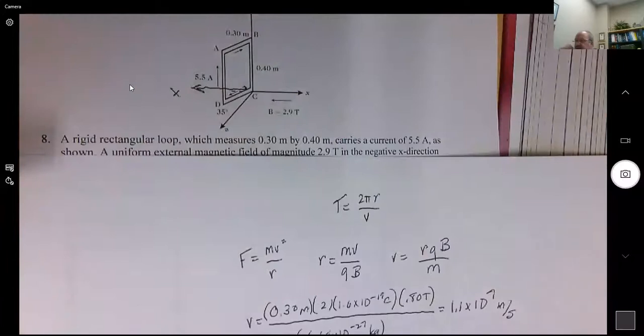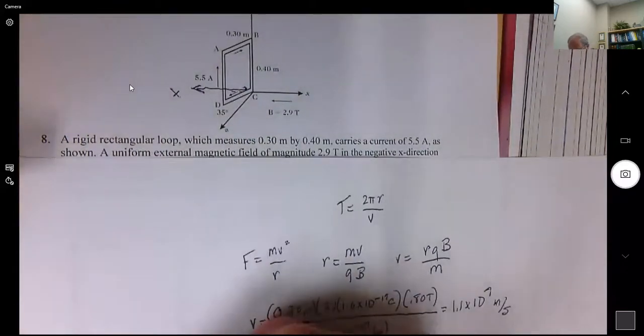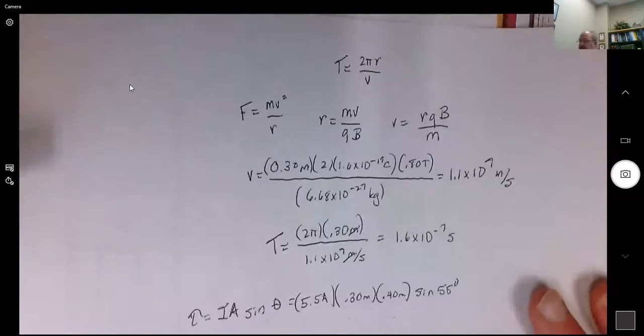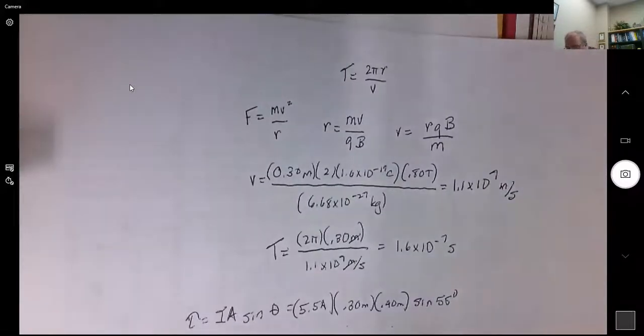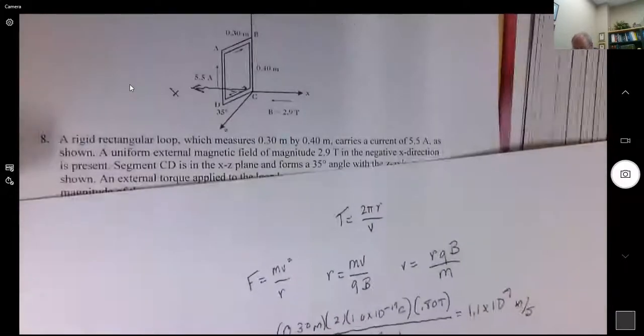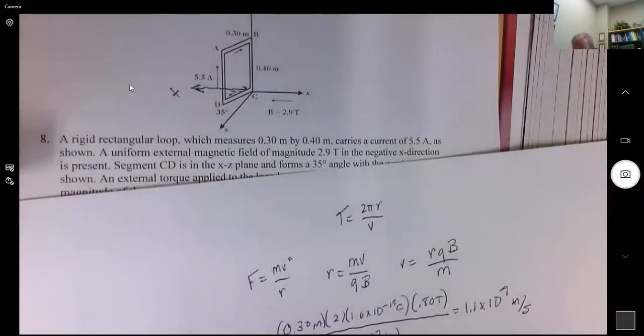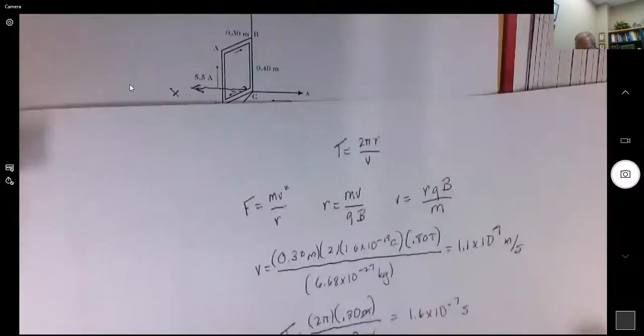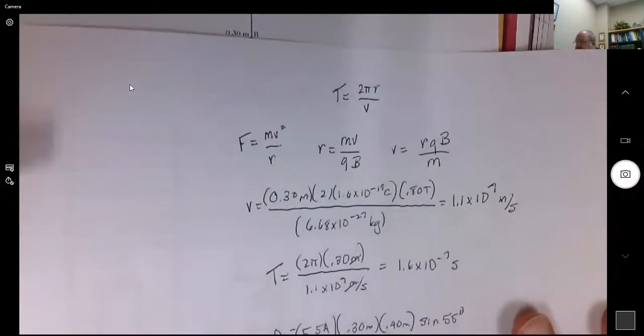So we extend our x-axis back there. And if we look at what angle this is placed in light of our negative x direction, it would actually be 55 degrees. So even though it's 35 from the z-axis, that's actually 55 from the direction of the magnetic field.